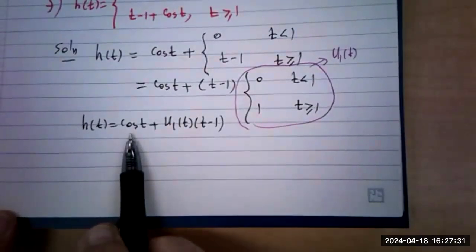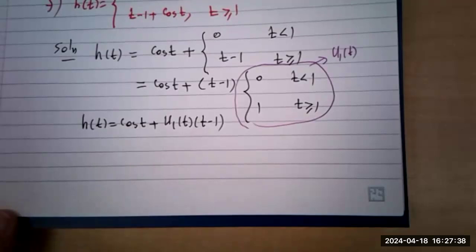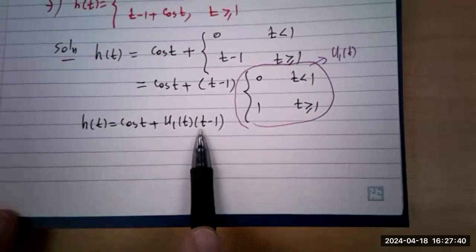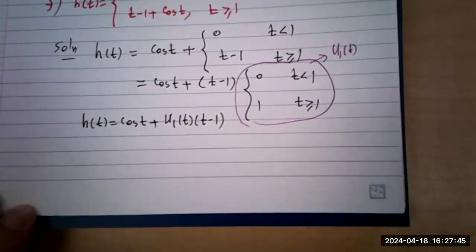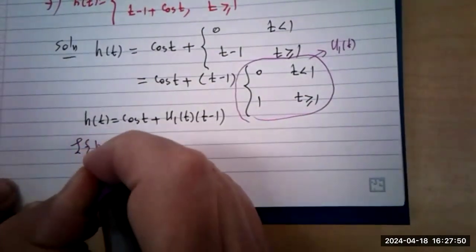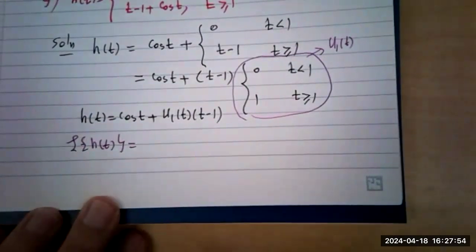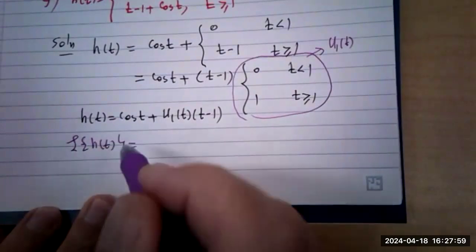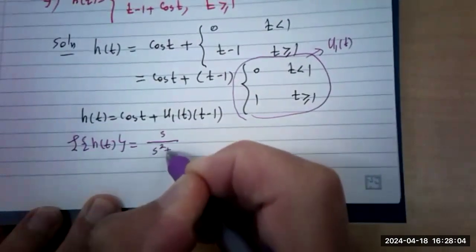So we take the Laplace of cosine t, which is s over s squared plus 1. Over here, because of the u1, we get e to the negative s times the Laplace of the t. This is t minus 1 when you shift it. So there you are. Laplace of h of t is going to be equal to the Laplace of cosine t, which is s over s squared plus 1.